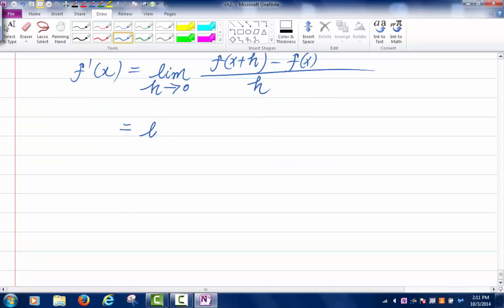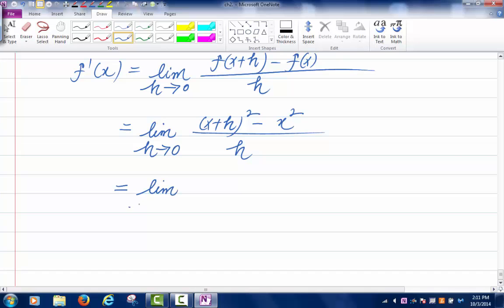This would be the same as the limit as h goes to 0. What would be f of x plus h? It would be x plus h squared minus x squared, right? So this would be divided by h, because the function is just x squared. And then how would I compute this limit?